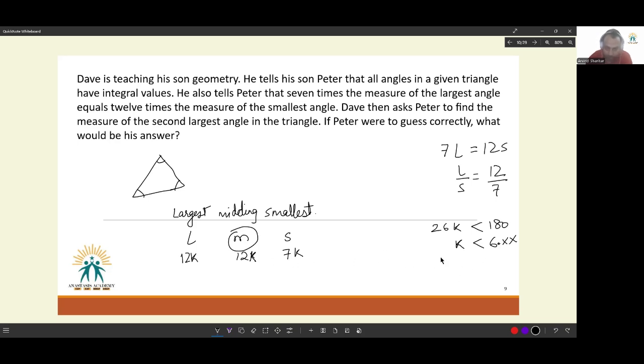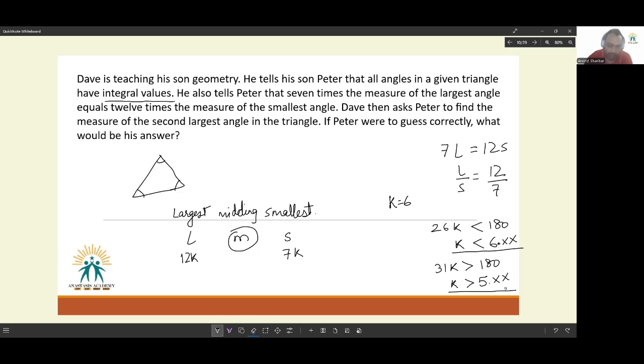So 12 plus 12 plus 7K, or 31K is greater than 180, or K is greater than 5 point something something. We knew all the angles were integers. Which is to say, K has to be less than 6.66 and greater than 5 point something something, so the only acceptable value that K can take is 6.